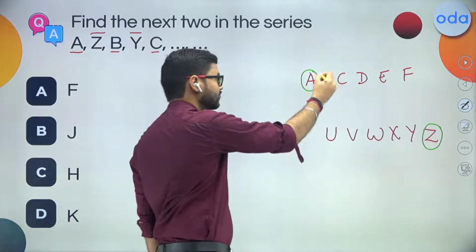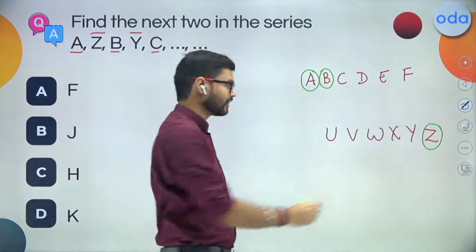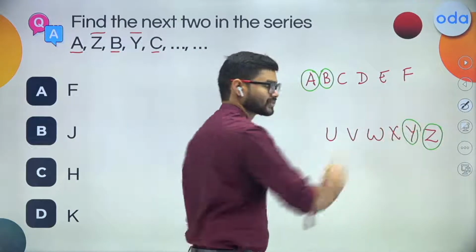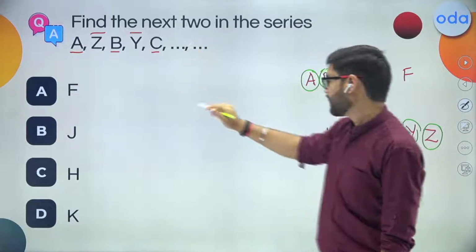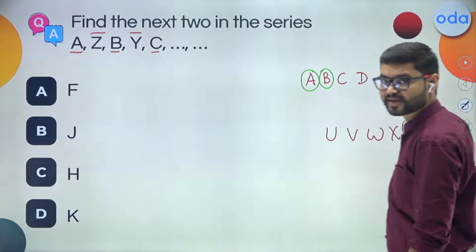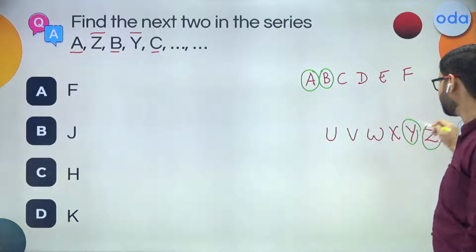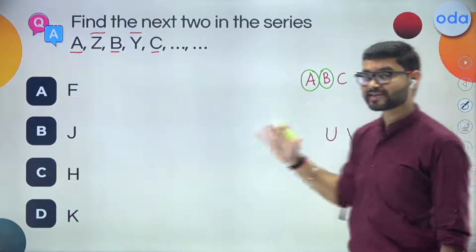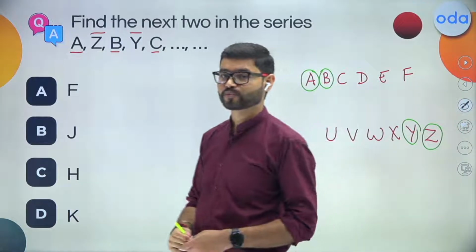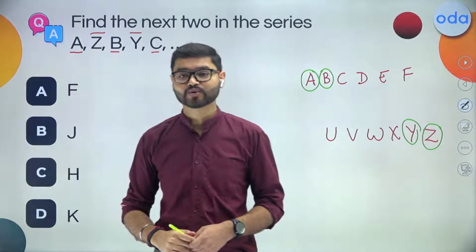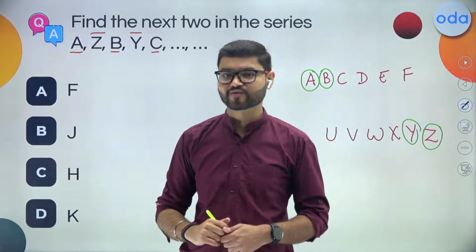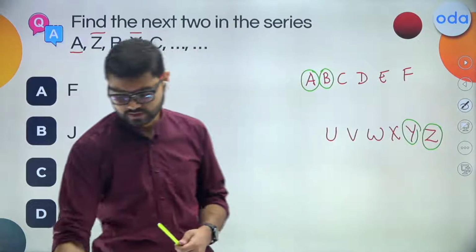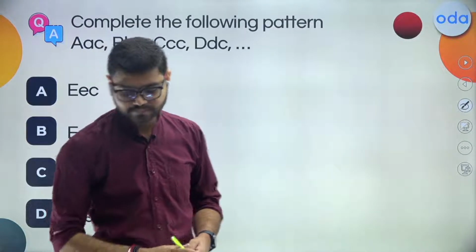Again, I will take one from the beginning and then one from the last. Is this how the pattern is working, right? A from the beginning, Z from the last, B from the beginning, Y from the last. So this is the pattern which you have to follow. Do this and let me know what the answer is in the chat box. I will give you this question as homework. Try this question.